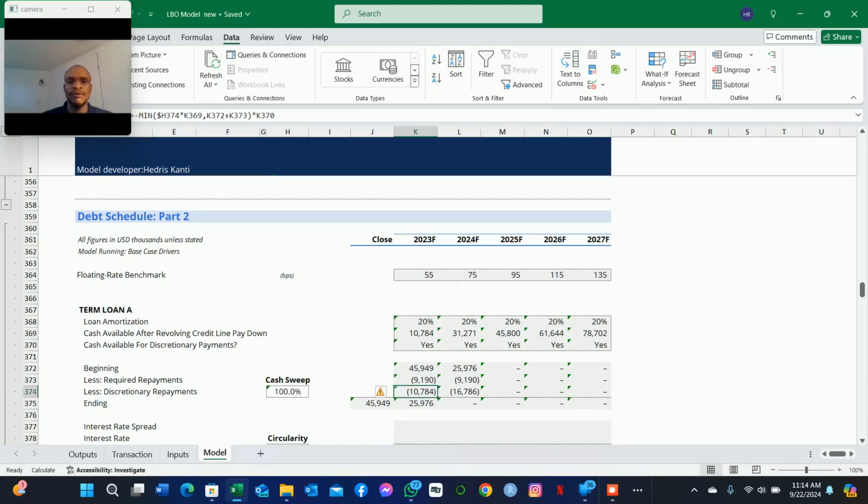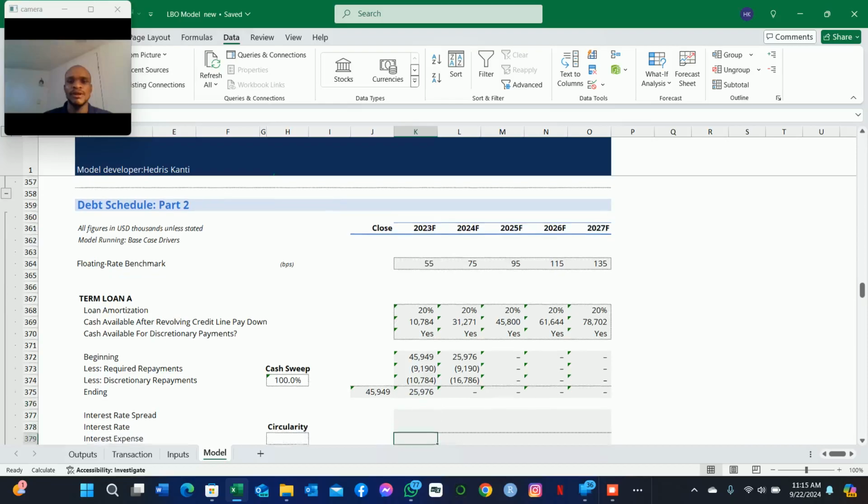And then for the discretionary repayment, we are paying 100% of the total cash available to pay down this tranche of debt, or the minimum of the required repayment that has already been made from the beginning balance. Then we just multiply that by our if statement here that says that if there is any cash available to pay down this discretionary payment. So that's exactly what we just did there.